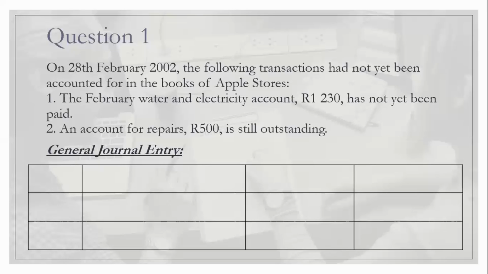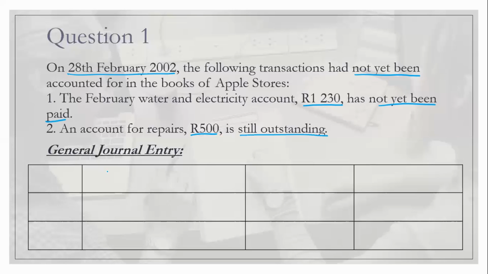Alrighty, follow my lead. Now, we know that on the 28th of February 2002, the following transactions have not yet been accounted for in the books of Apple Stores. Therefore, the February water and electricity account of 1,230 has not yet been paid, and an account for repairs of 500 is still outstanding. What are we classifying this as?